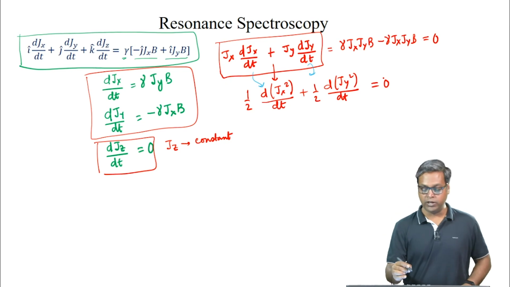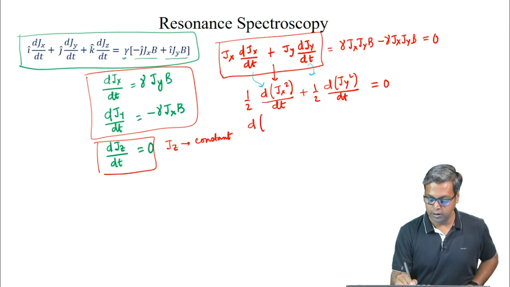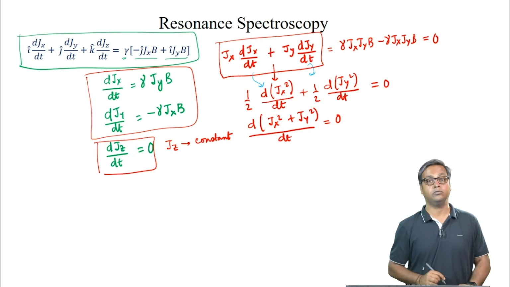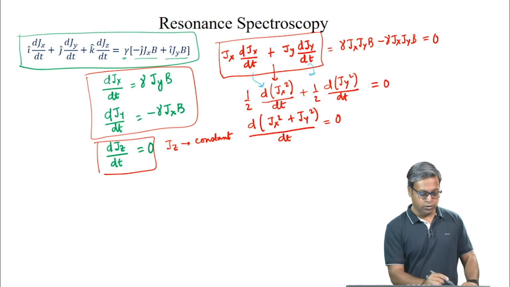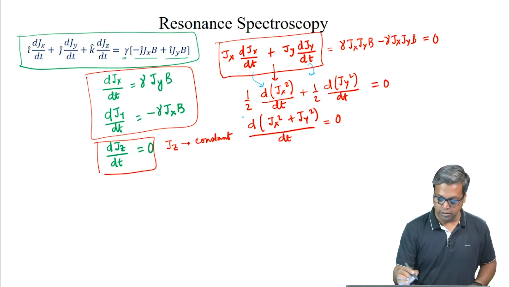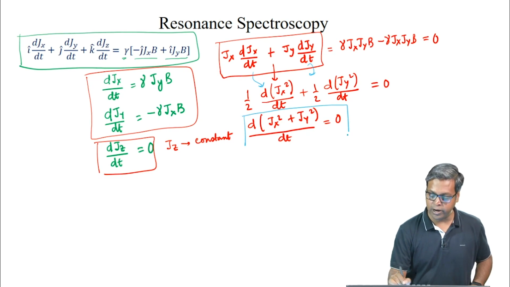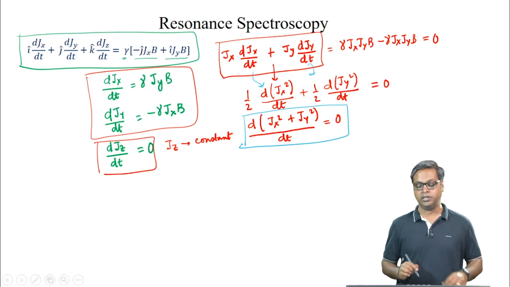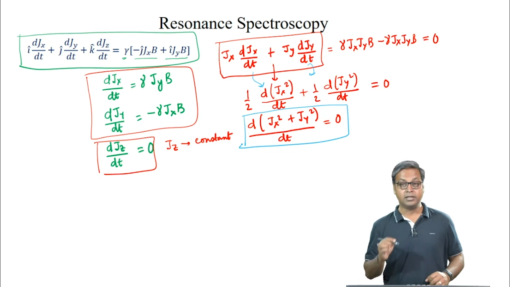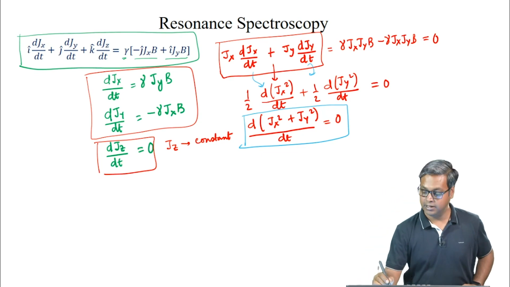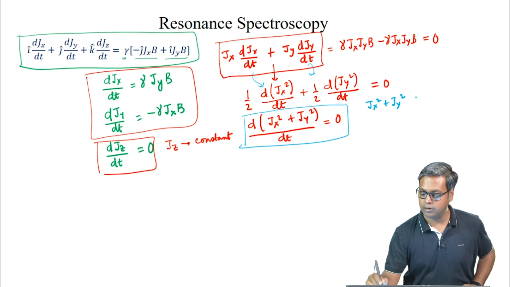Or in other words, d(J_x squared plus J_y squared)/dt equals 0. This tells us that J_x squared plus J_y squared is a constant.